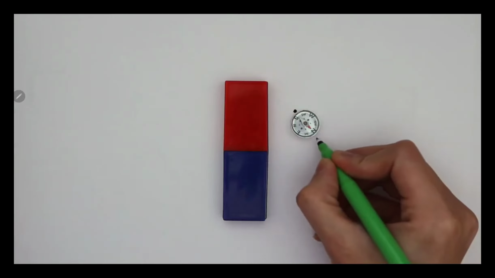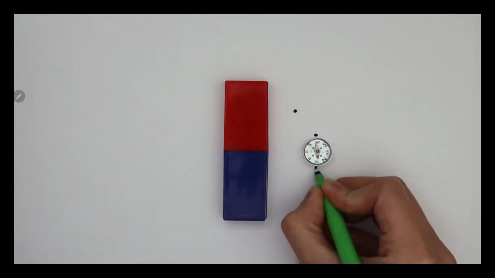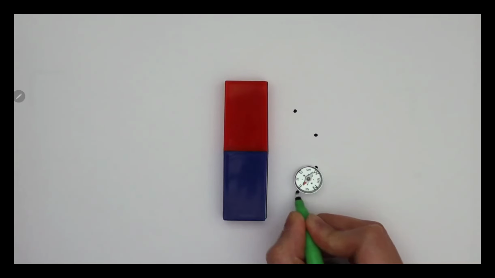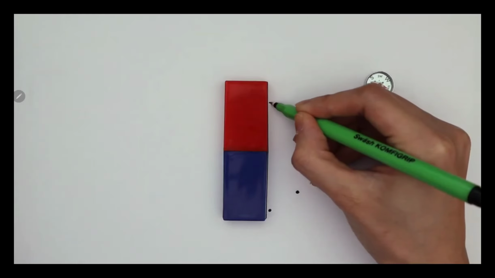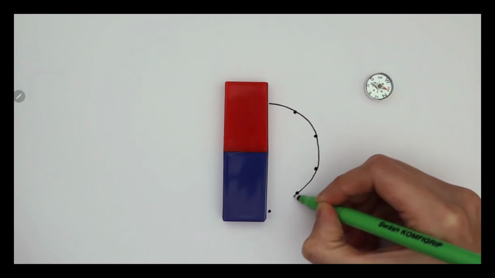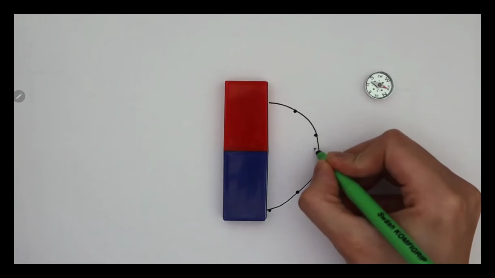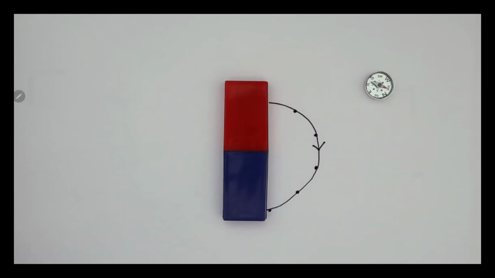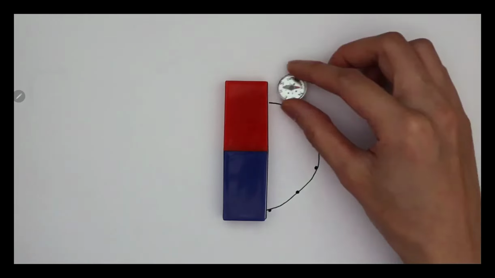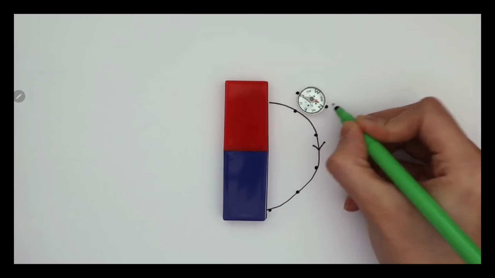You can see the end of the pointer is red in color, and the direction of the pointer keeps on changing. Now the teacher is joining these dots, and these magnetic lines start from the north pole and end at the south pole.